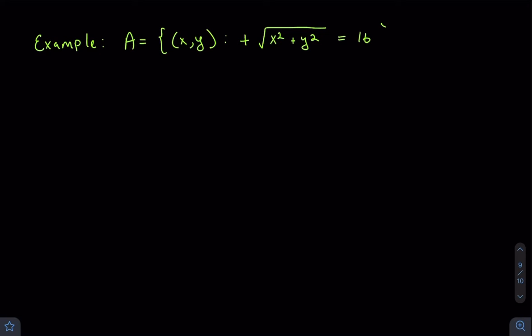So if I had a set A that contained the points x, y, where we were looking at the positive square root of x squared plus y squared equals, let's say, 16, and I had a set B that was the set of all points x, y, such that we had the positive square root of x squared plus y squared equals 4.